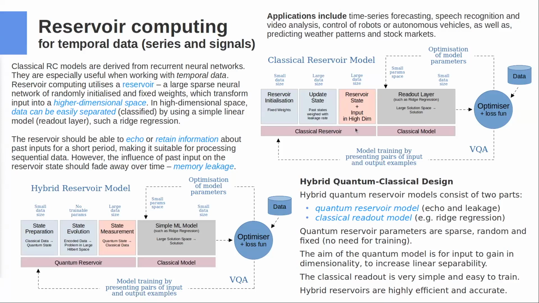This is similar to what happens with the classical model. And we manipulate input data. So the reservoir consists of the input data with the leakage, and that's being applied multiple times. So the state of the reservoir maintains that fading memory.